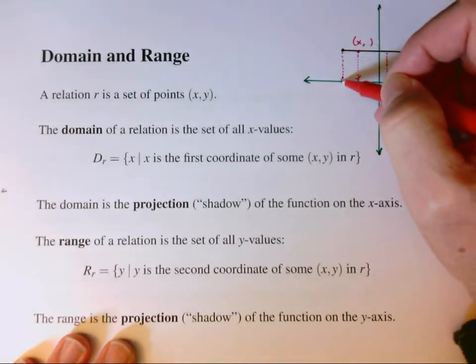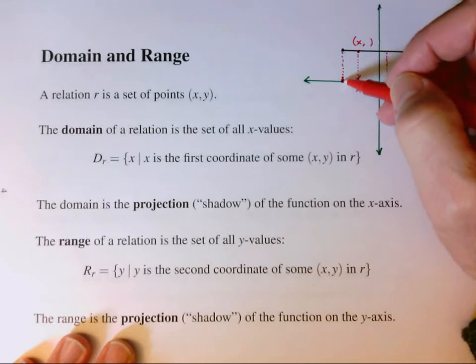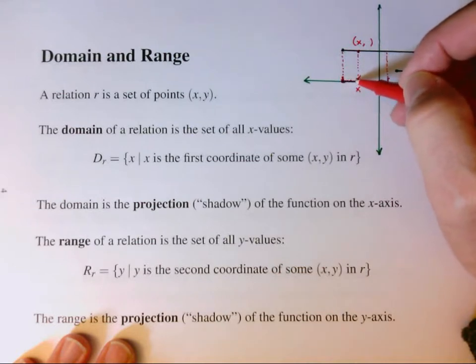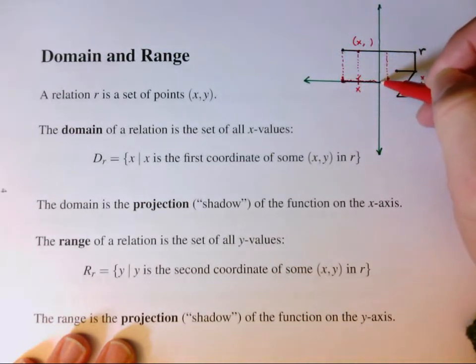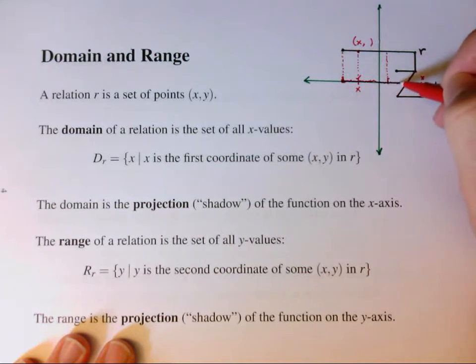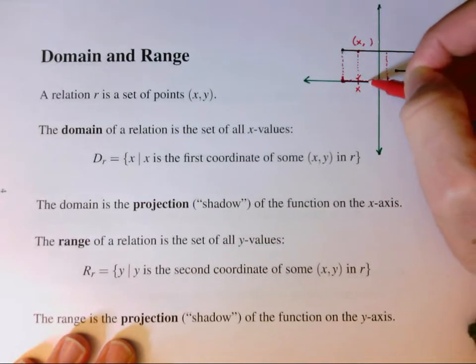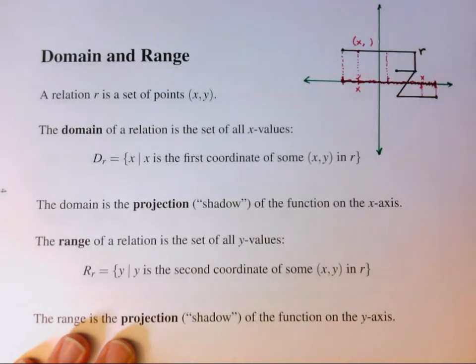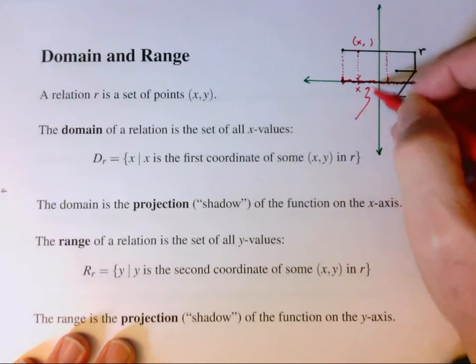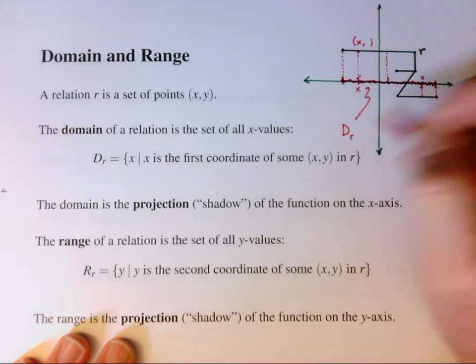Just start with your relation, wherever you can move to vertically on the x-axis, and I'm shading it here now, that is the domain. It's the set of all x's that show up in the set of points in the relation. So there is the domain of this relation.